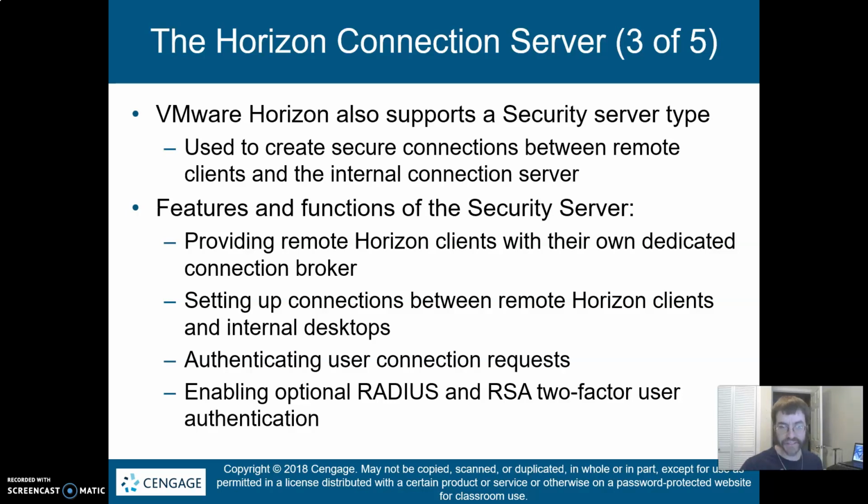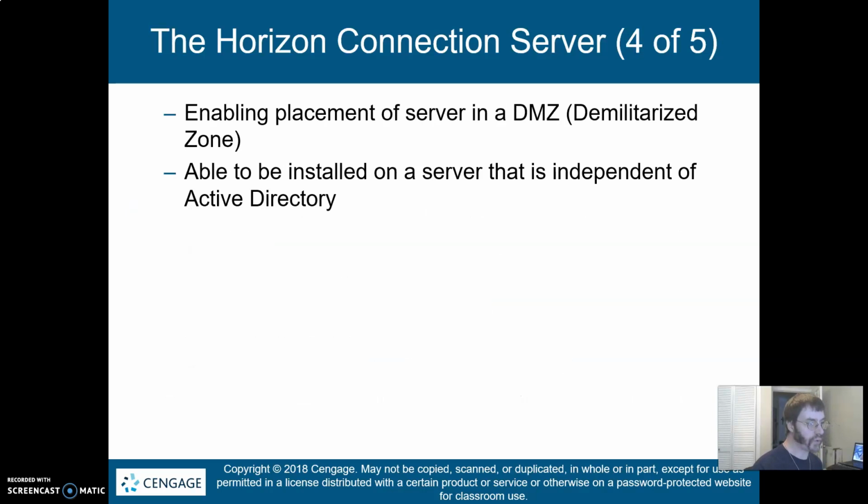Radius and RSA two-factor authentication are two different types of that. Radius is one of the primary forms of remote access authentication. TACACS is the other, but TACACS is Cisco proprietary. You are much more likely to set up Radius, which you may also have talked about in some of your other stuff. One of the other things that your security connection server allows you to do is place the whole thing in the DMZ and also place it on a server that is independent of your Active Directory.